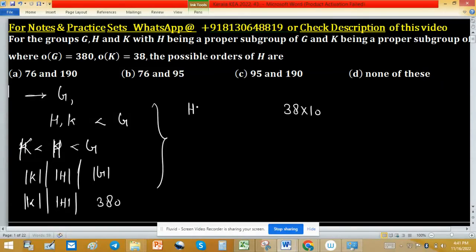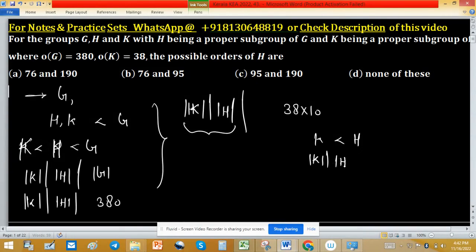Since K is a proper subgroup of H, the order of K divides the order of H, so order of H will be order of K into n, where n is some positive natural number. Order of K is 38, that's why 38 into n.